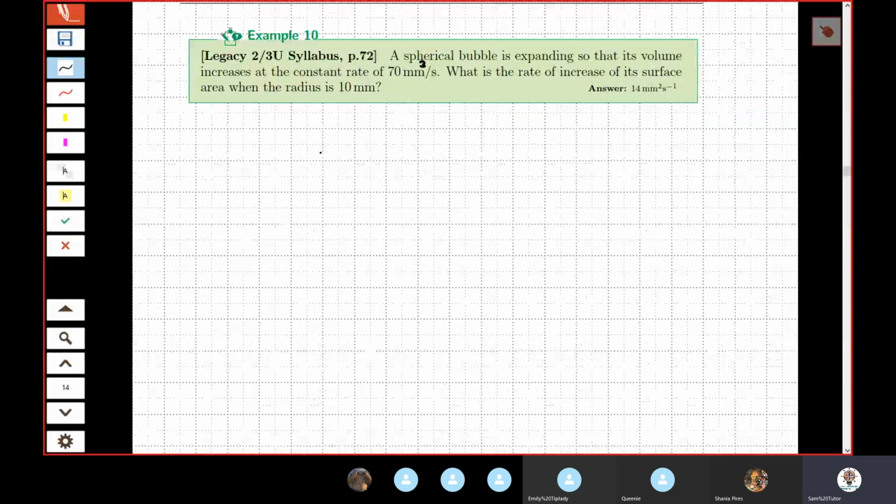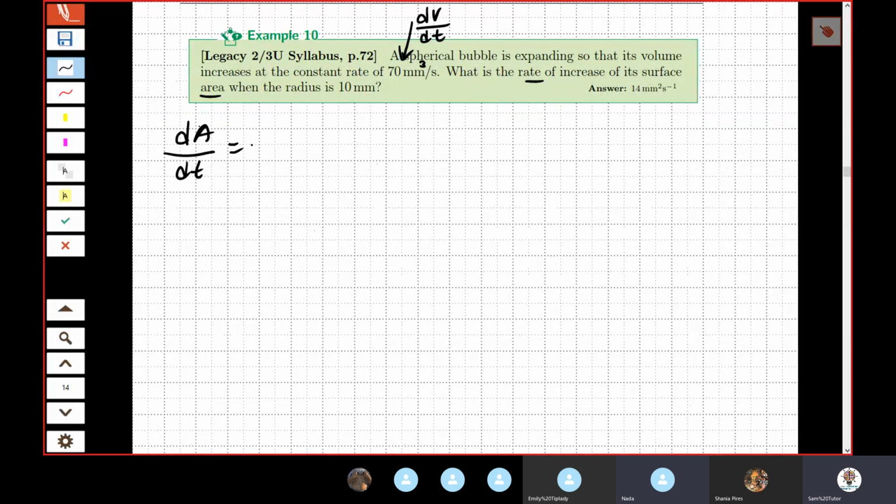All right. Again, dV over dt, what is that equal to? Yep, that's correct. What are we trying to find? Rate of area. dA over dt.